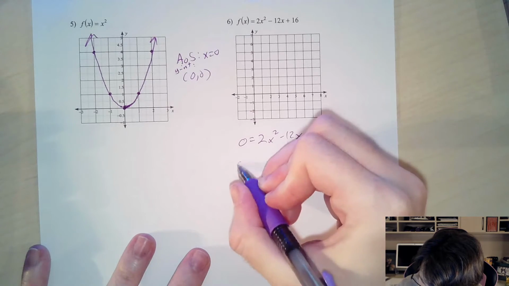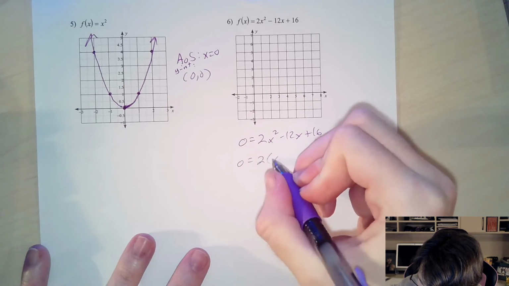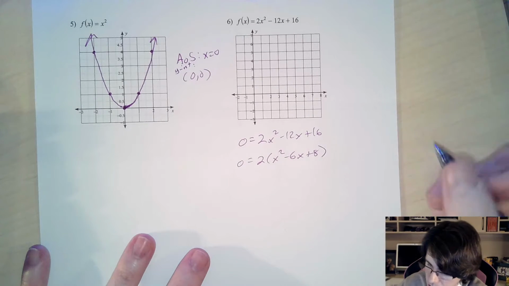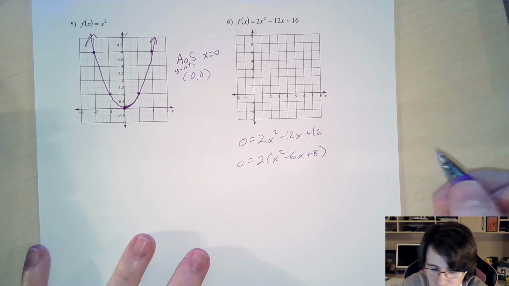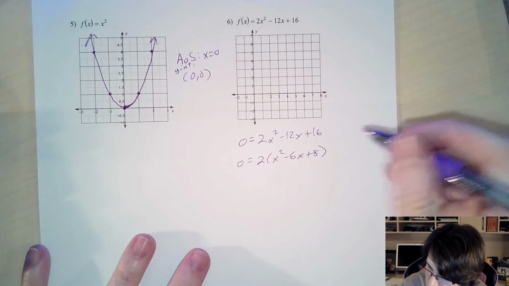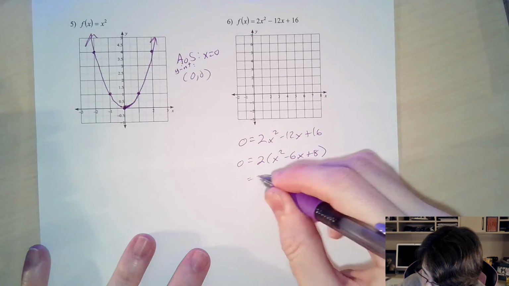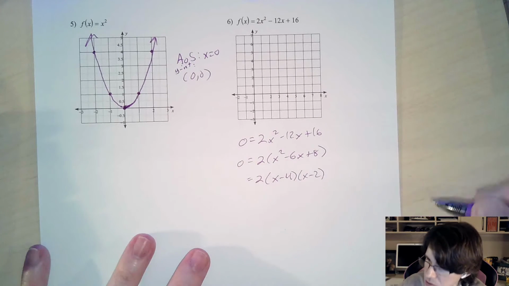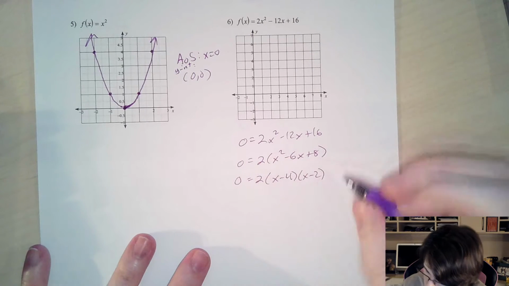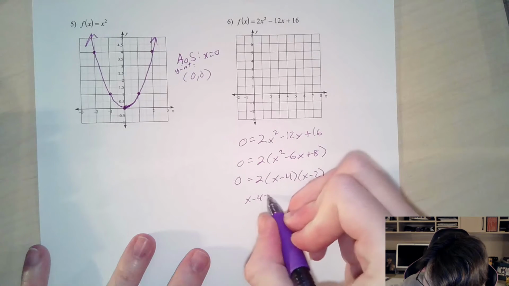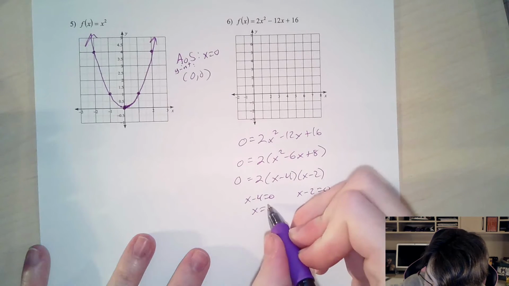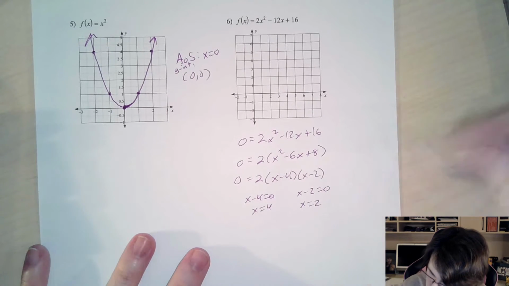Factoring requires us to pull out a 2, just like this. Continuing on, we have to figure out what multiplies to 8 and adds to -6. That turns out to be -4 and -2. And then we have x minus 4 equals 0, x minus 2 equals 0. So x is equal to 4 and x is equal to 2.